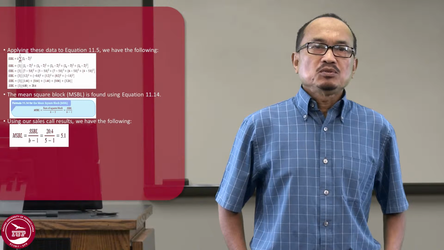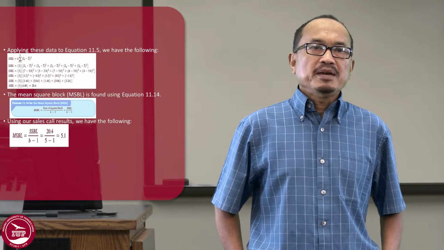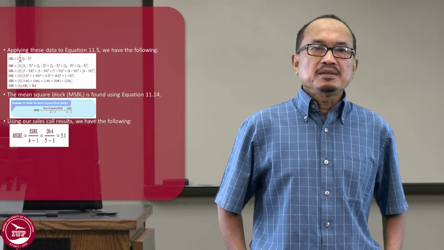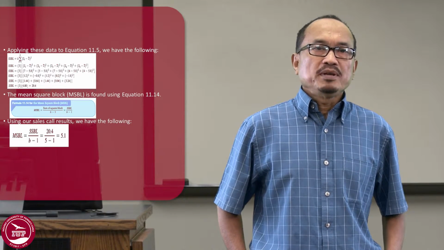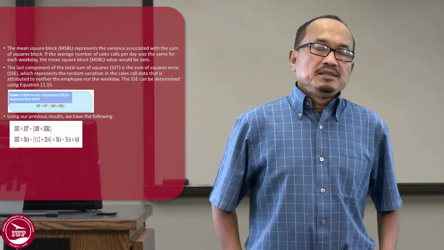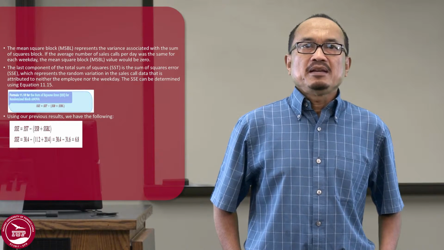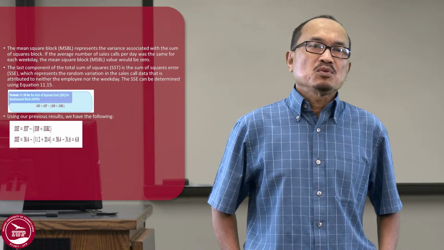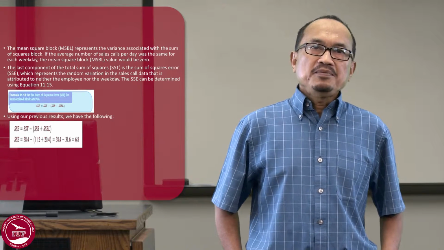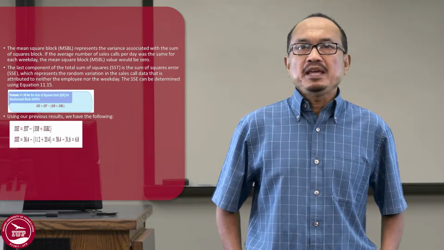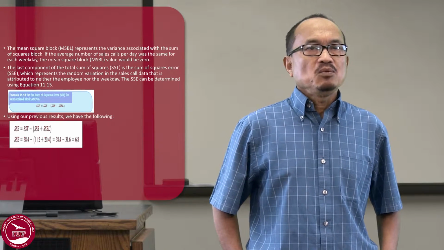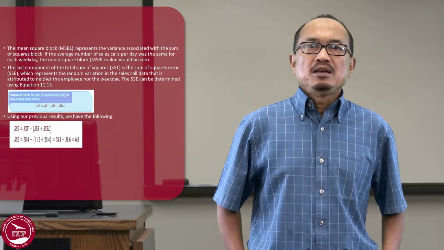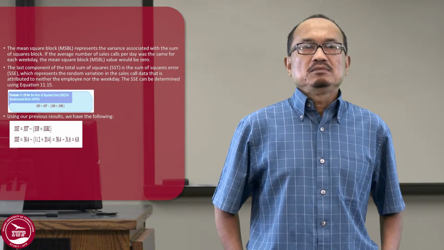MSBL equal to SSBL divided by B minus 1 equal to 20.4 divided by 5 minus 1 equal to 5.1. The mean square block MSBL represents the variance associated with the sum of square block. If the average number of sales calls per day was the same for each weekday, the mean square block or MSBL value would be 0.